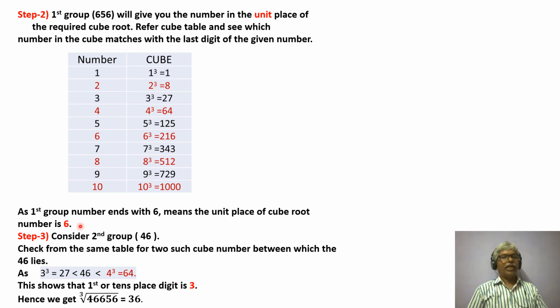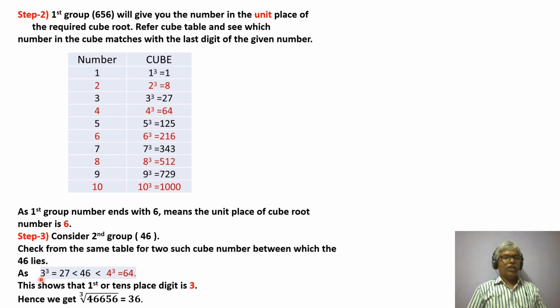Try to understand, solve many problems. These will be very simple problems for you. Now third step, consider the second group. Very simple. Check from the same table between which two cube numbers 46 lies.